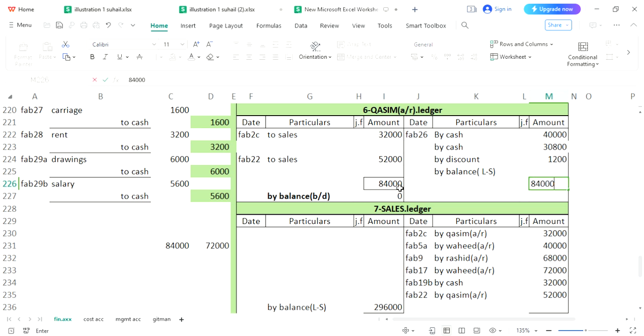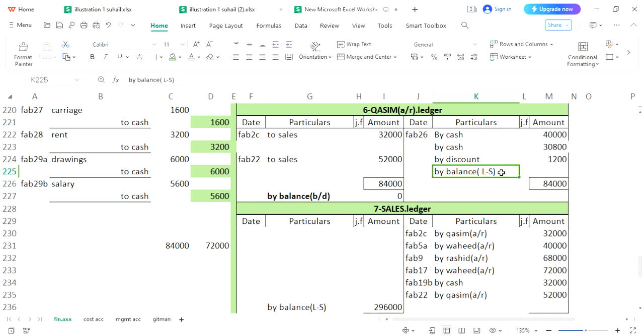The rule is, how can we calculate the balance? We will take the sum of both sides. We'll choose the larger sum and put it on the total of both sides. The larger sum will be posted on the total of both sides. Then we will choose the smaller sum. This is 72,000, which is the total of the credit side. There you will calculate your initial balance.